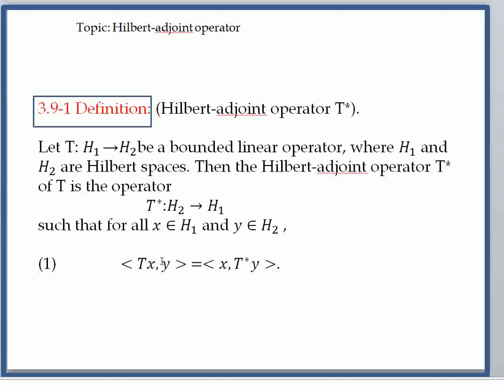So on the left hand side, the inner product is defined on Hilbert space H2. On the right hand side, the inner product of x, T*y: here x belongs to H1 and when T* applies on y, then T*y is also an element of H1. So on the right hand side, the inner product is defined on the Hilbert space H1.